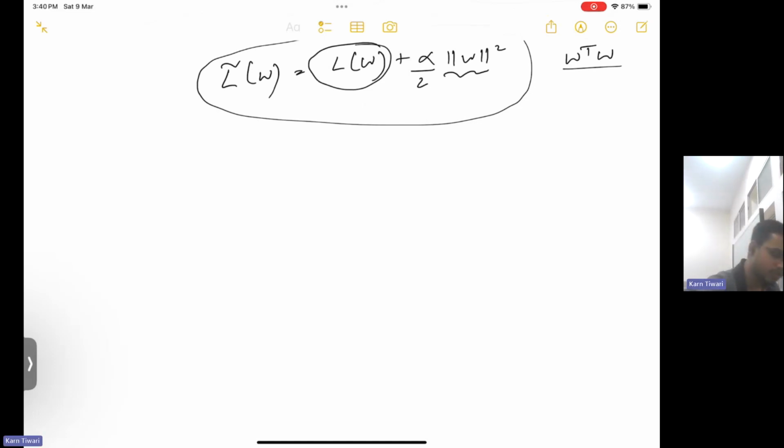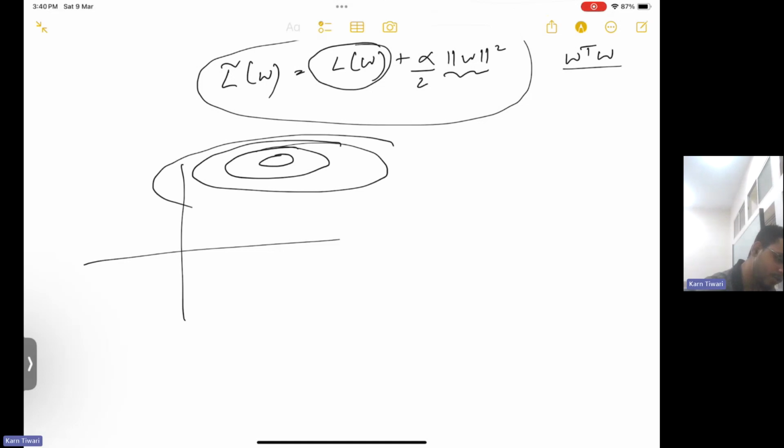You can think of it as follows. Suppose the loss curvature, the 2D contour, is very skewed along one direction and very steep along another direction.